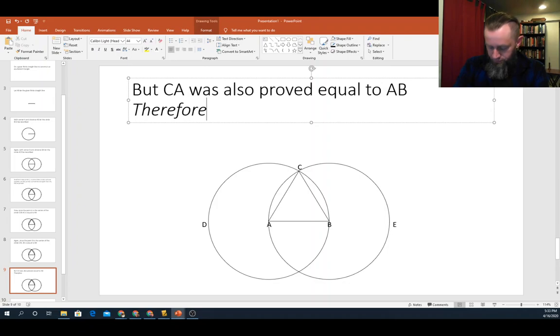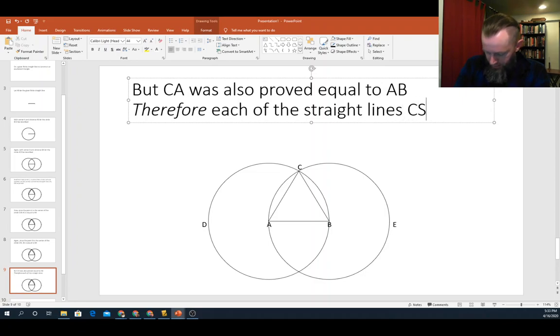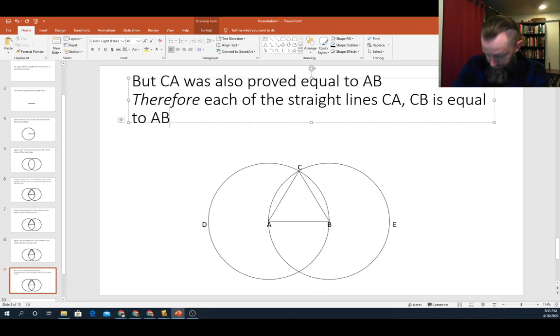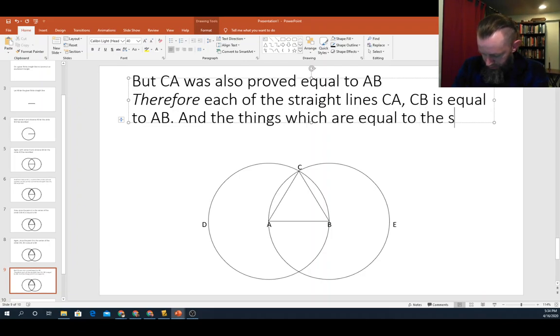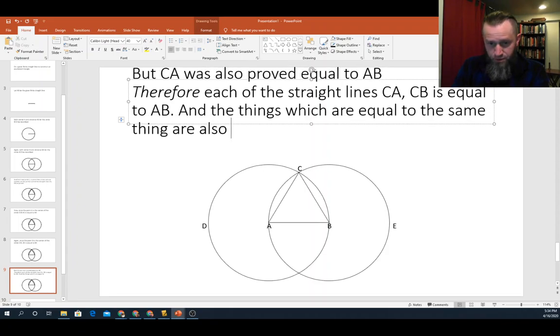Therefore, here's finishing up his argument. Each of the straight lines CA, CB is equal to AB, and the things which are equal to the same thing are also equal to one another.